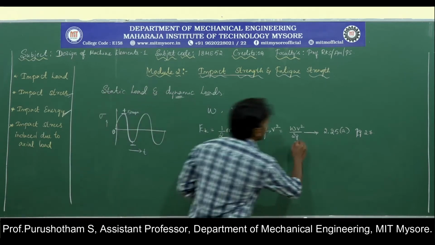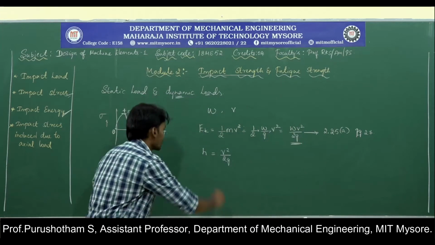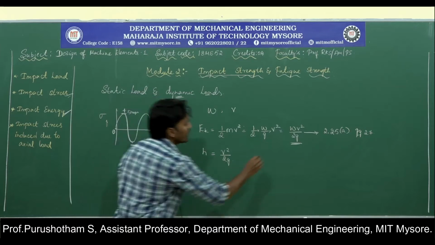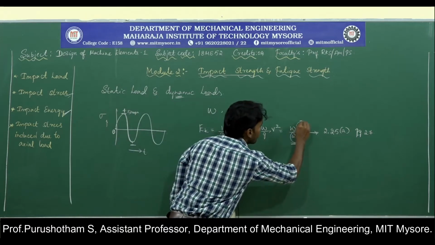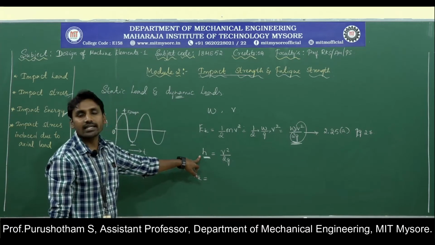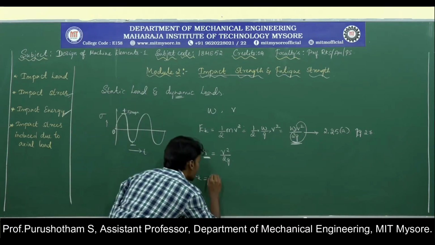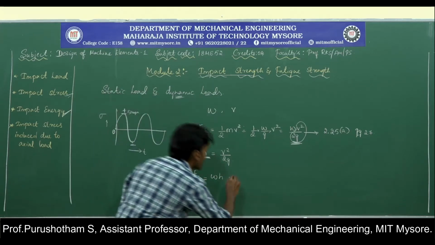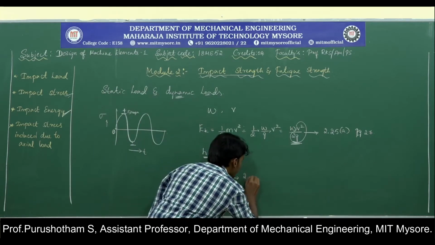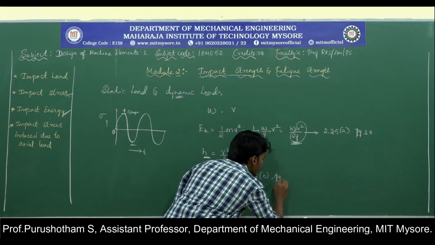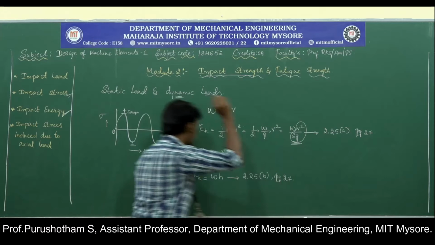Now I am going to substitute in this equation. You can see this kinetic energy, which is given by W v square by 2g, can be replaced by using the term h, that is height of fall. Now this equation becomes W into h. This will be equation number 2.25b in the data handbook, page number 27.